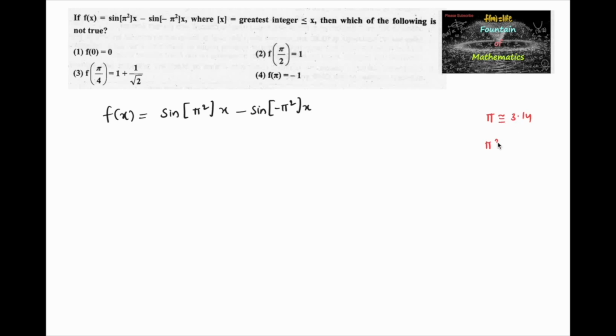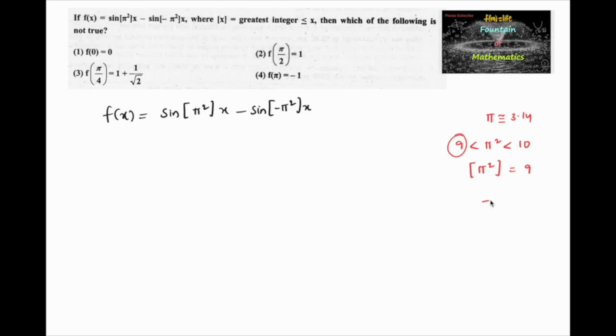So pi squared lies between 9 and 10. Therefore, the greatest integer of pi squared will be taken as 9, the greatest integer which is less than or equal to pi squared.